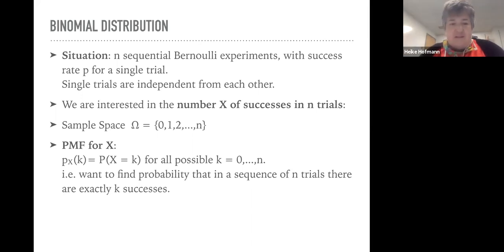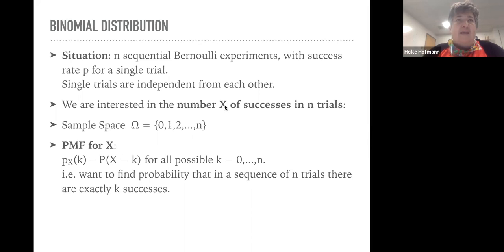So the binomial distribution is defined as sequential Bernoulli experiments. So we take n sequential Bernoulli experiments. Each one of these experiments has a success probability of p, and we assume that the trials are independent from each other. In a binomial distribution, we're then interested in the number of successes, x.